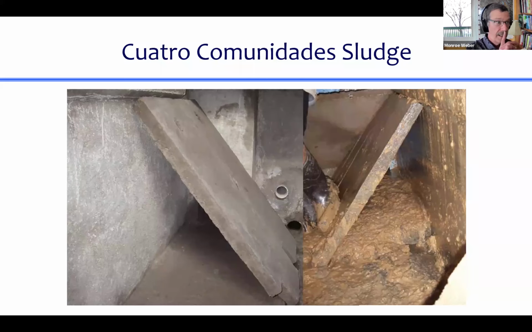So I hope that you are now being indoctrinated in this idea that sedimentation tanks need to be cleaned, need to have a design that keeps them clean all of the time. And for Agua Clara, where we're not using scrapers to clean them, it means thou shalt have no flat surfaces. Because everywhere there's a flat surface, flocs are going to accumulate, you're going to get sludge, and it's going to be a mess.